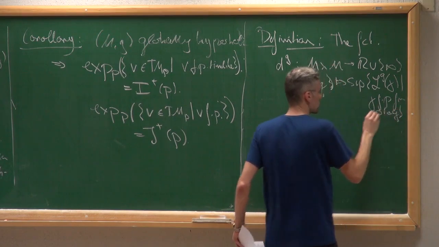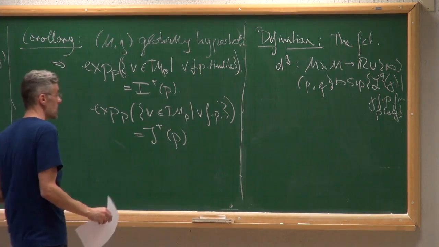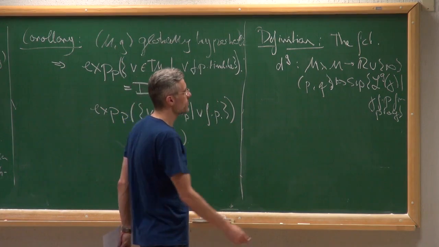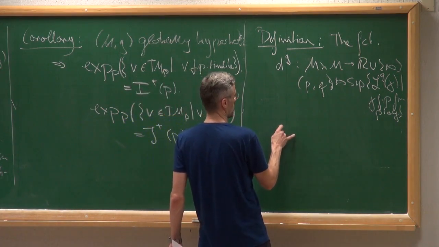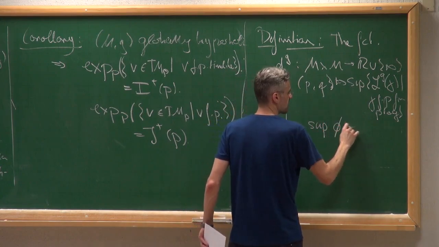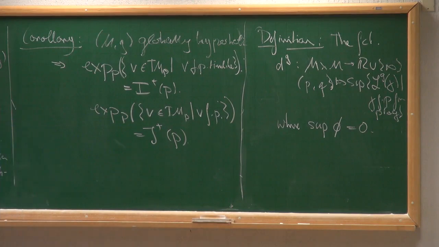So you take basically this maximum length of the causal curves in the globally hyperbolic case from a causally related point, and extend this to the entire manifold by saying that the supremum over the empty set is 0, which is maybe not the universal convention. Works here.